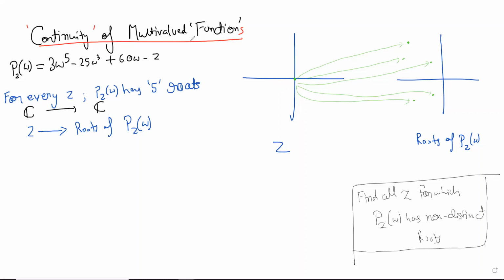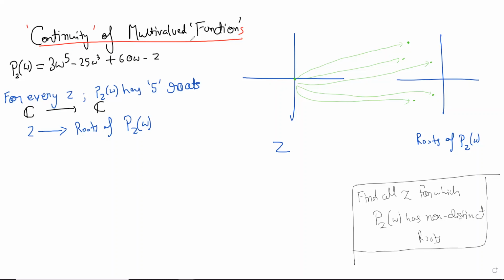Yeah, the other way around may not be a function. That also may not be a function. But what you're asking is a very deep question. For which such multifunctions is the other way around also a function is a very deep question.